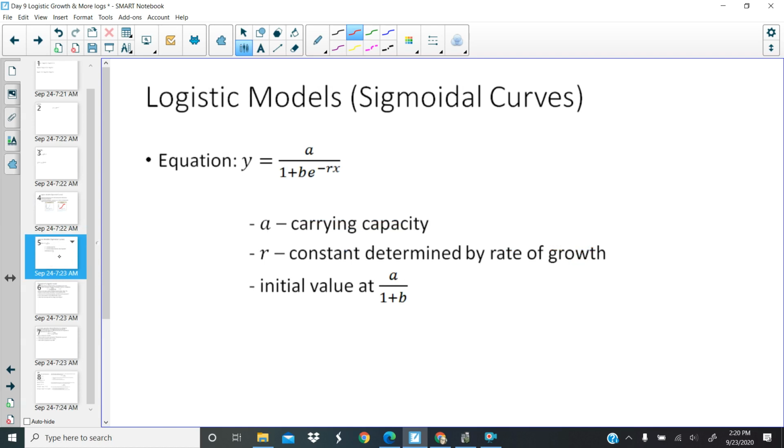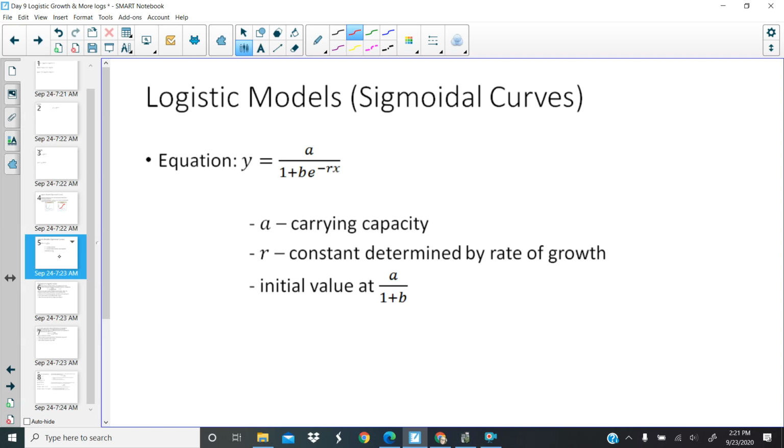This is what the equation for one of these logistic models looks like. This is not something that you guys have to remember at all. The number in the numerator is always going to be the carrying capacity. And then the R is a constant determined by the rate of growth.